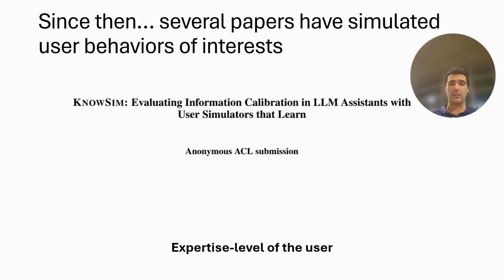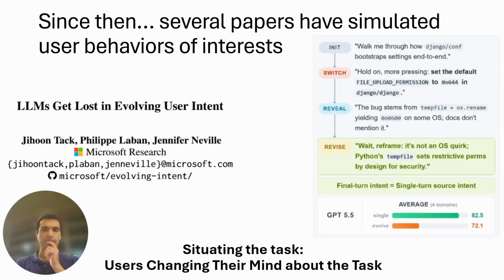There's also this work currently submitted to YAM-NLP, I believe, that I found interesting. So this paper focuses on simulating users that have different expertise levels, all the way from novice to intermediary to users that have great expertise in a topic that they're having a conversation with AI about.